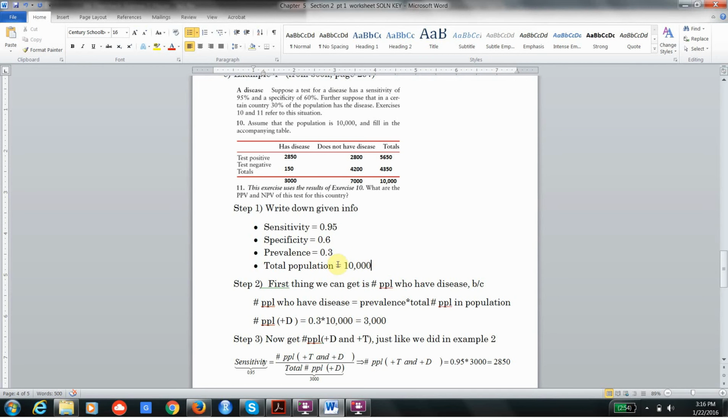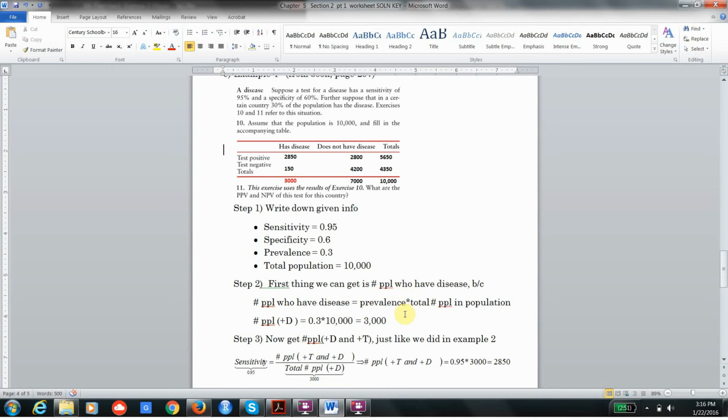The first thing I can get here is the total number of people that have the disease. Because I know the percentage of the total population that has a disease, and I know the total number of people in the population, I take that product and I'm going to get 3,000 here. So that gives me the first number in the table.